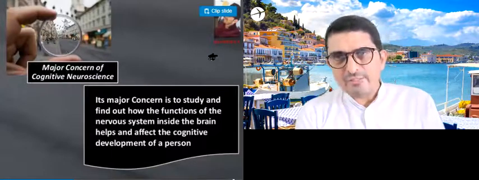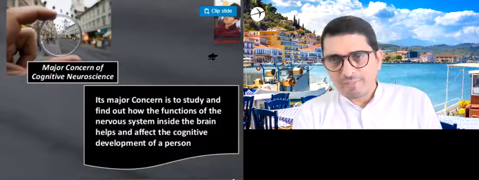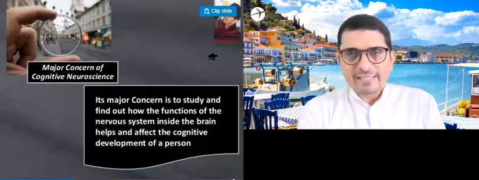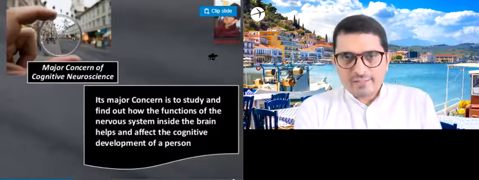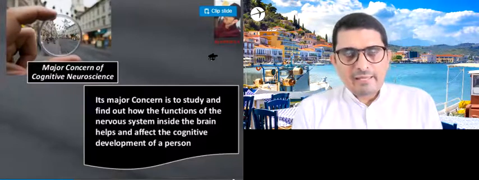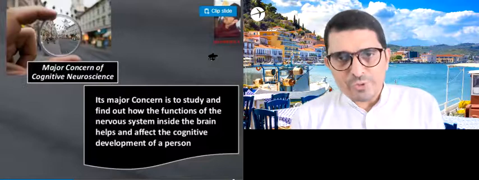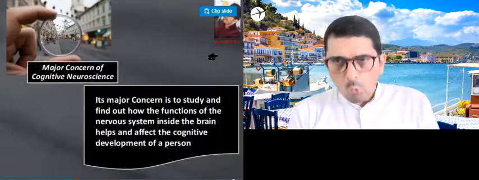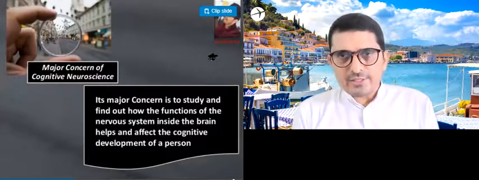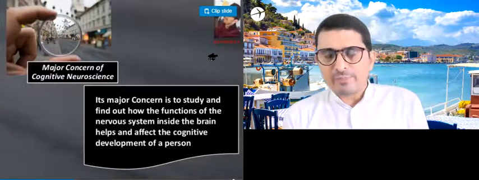It is enhancement of the hormones, the functions of some activities, some inside activities. So here, actually, cognitive development should be there. And the major concern of cognitive neuroscience is whether the nervous system inside the brain helps and affects the cognitive development of a person.